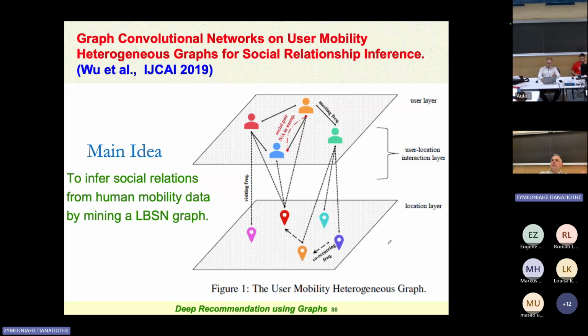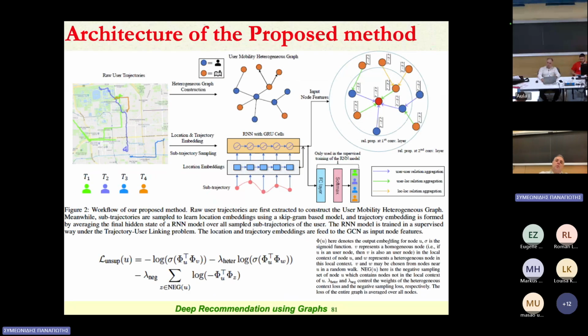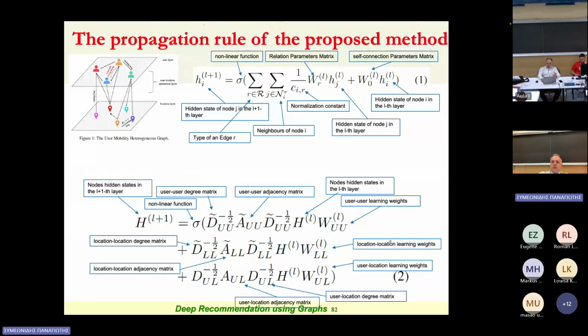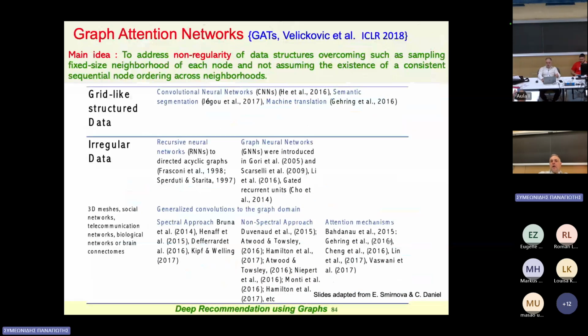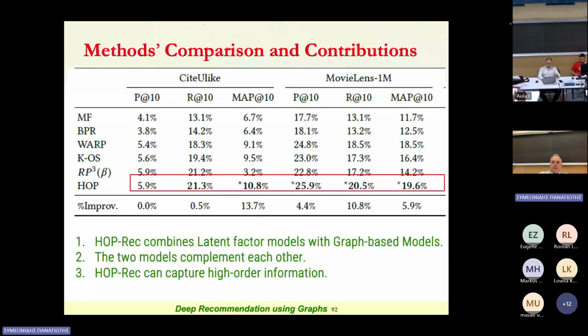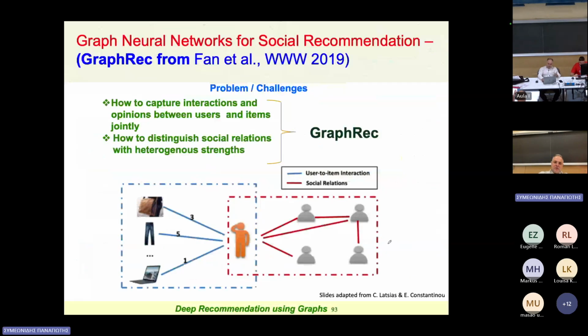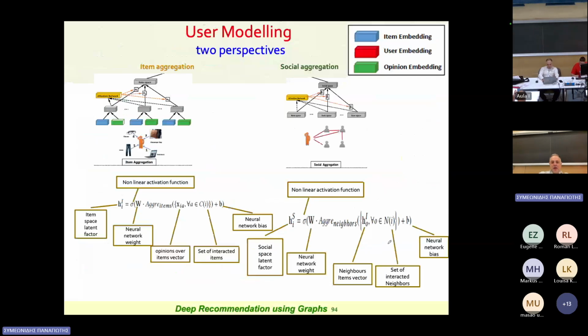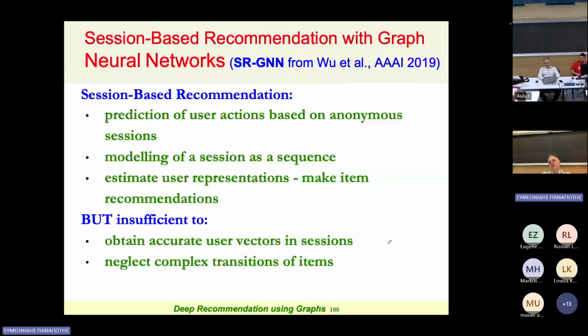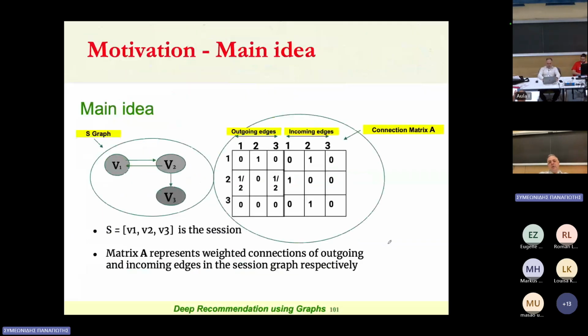As you can see here, there are some equations, and we will see in detail the parameters of these equations and some papers about the GAT, the graph attention networks, and some methods that have been used. I just show you to have an idea of what we will discuss after the break.